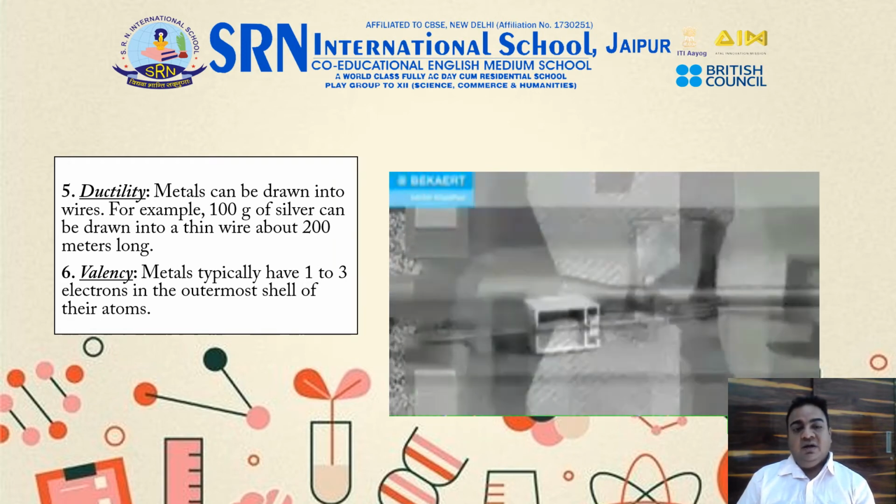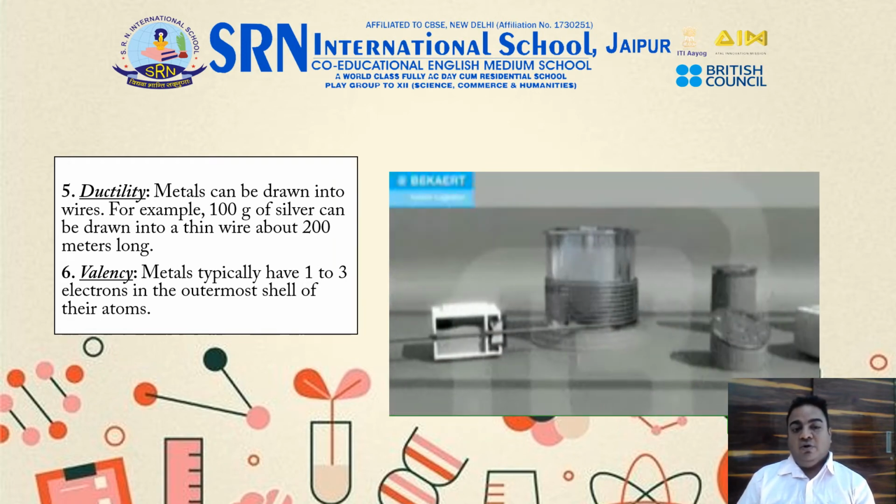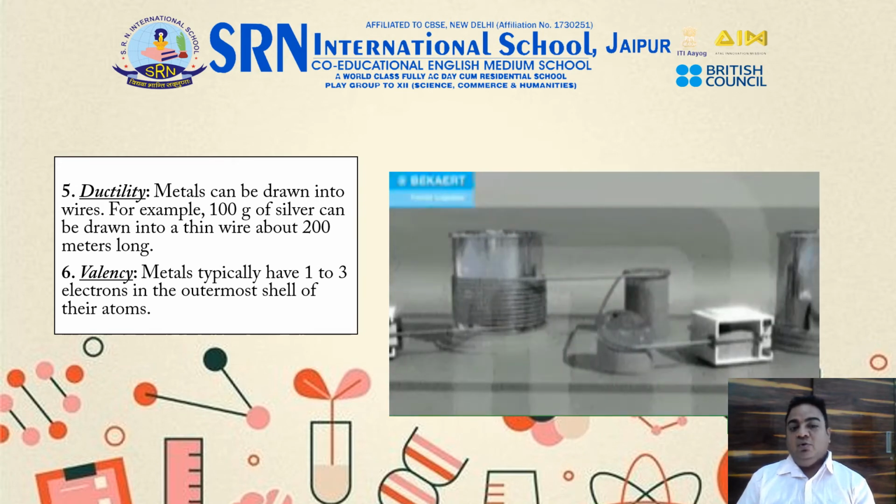For example, 100 gram of silver can be drawn into a thin wire about 200 meters long. Gold is a very ductile metal. 1 gram of gold is so ductile that a long thread of 1 kilometer can be made from gold without even breaking it. You can consider how ductile gold is.